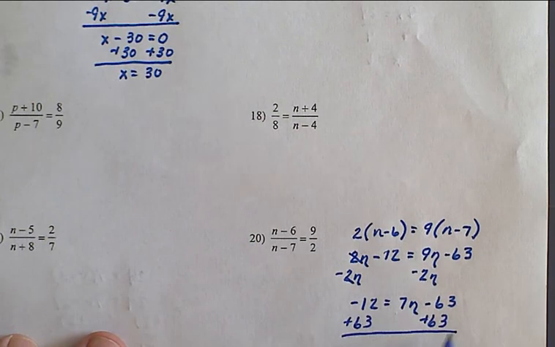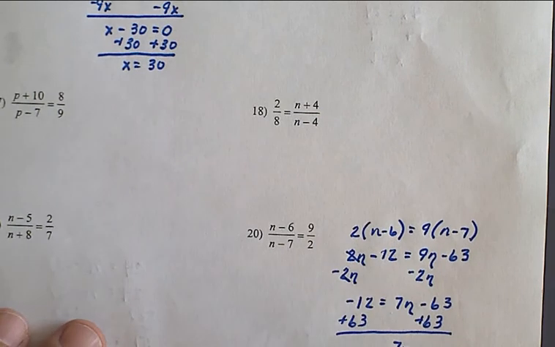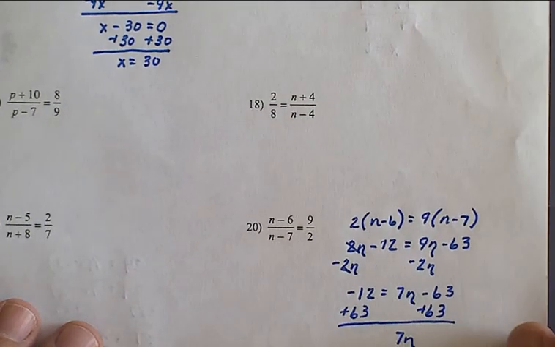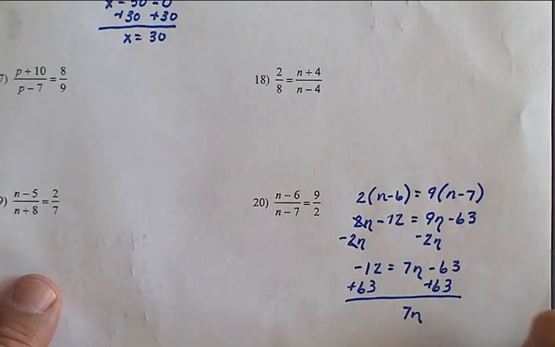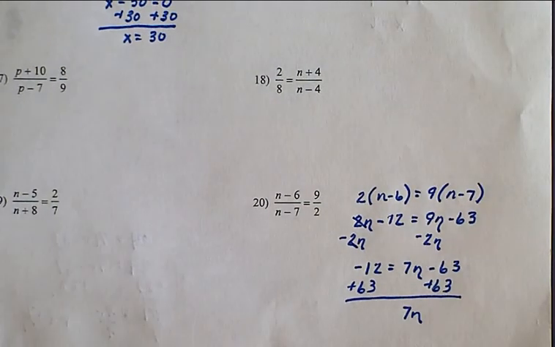So 7n, move it up where you can see. And you get 51 out of this.